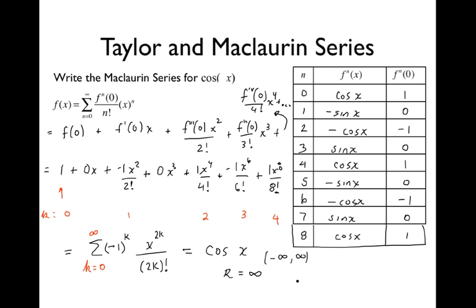Because it's centered at 0, we get really good approximations of cosine x with just the first few terms, and we need more and more terms to get a good approximation farther away from 0. The farther away you get from 0, the more terms you need for that series to converge on cosine x.